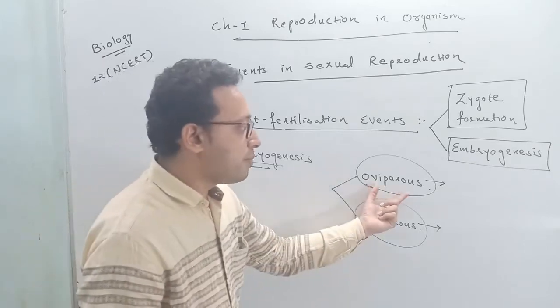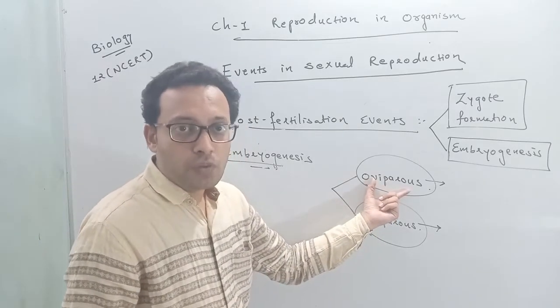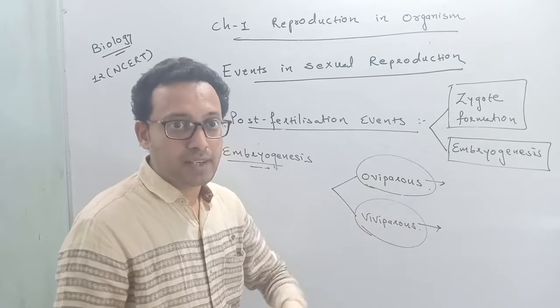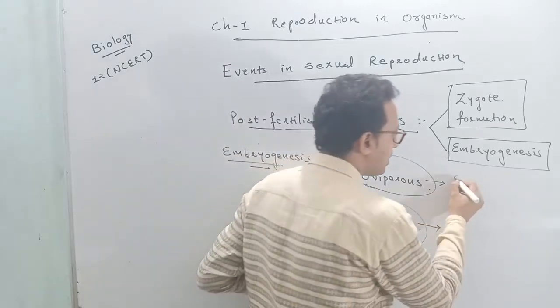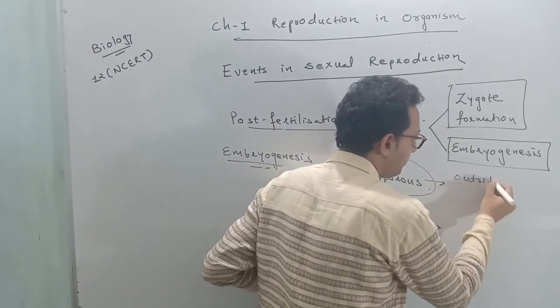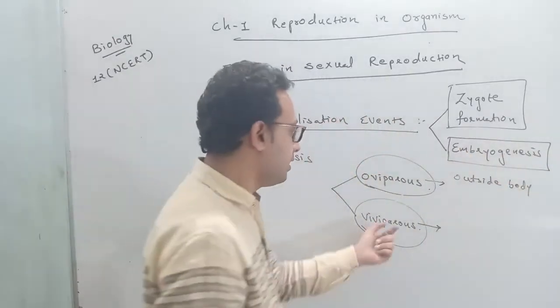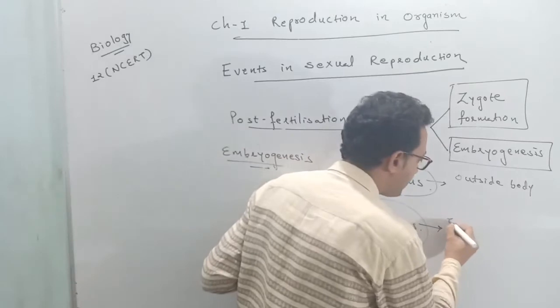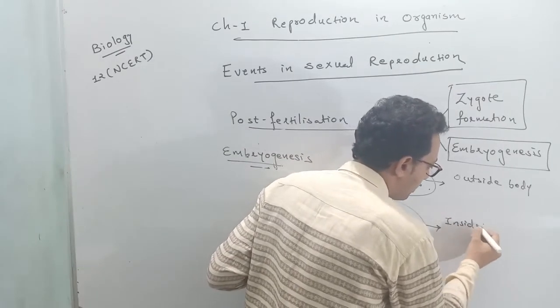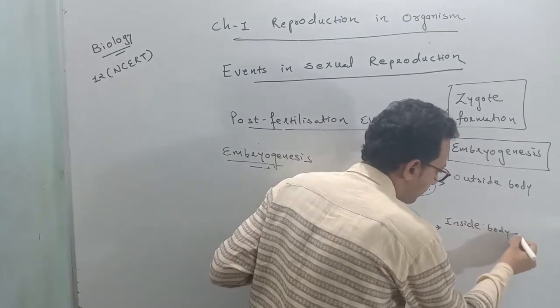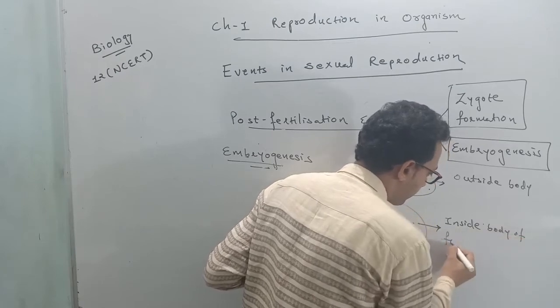Clear? In the oviparous organism, the development of the embryo occurs outside a body. Whereas in a viviparous organism it occurs inside the body of the female parent.